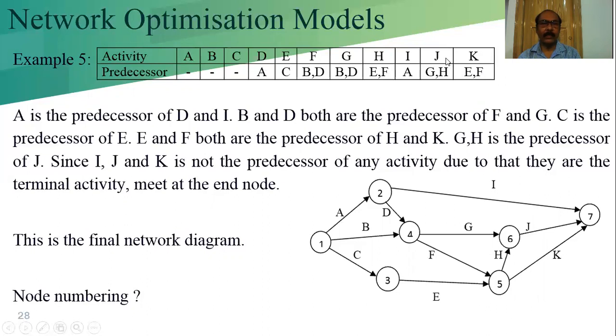In the same way, J and K are also not the predecessors of any other activity. So I, J and K, these three activities, are the terminal activities. They enter into the end node. This is the final diagram with the constraint relations and node numbering.